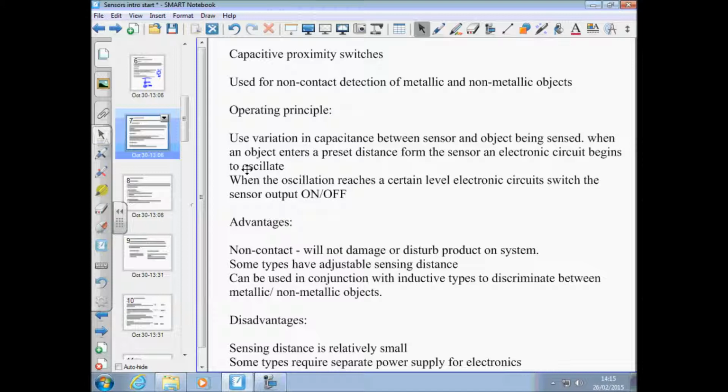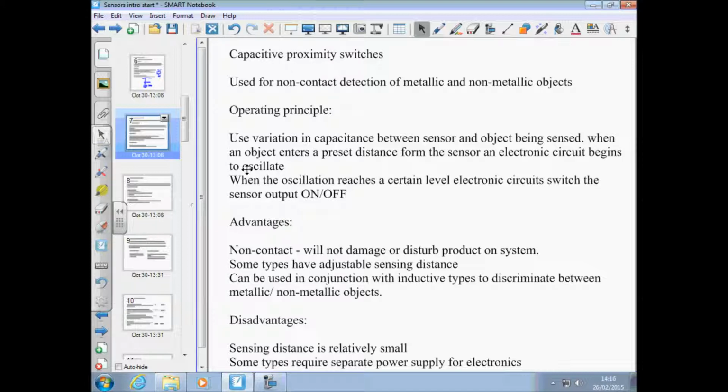Capacitive proximity switches. These are used for non-contact detection of metallic and non-metallic objects. The principle here is there's a variation in capacitance between the sensor and the object being sensed. When an object enters a preset distance from the sensor, an electronic circuit begins to oscillate.